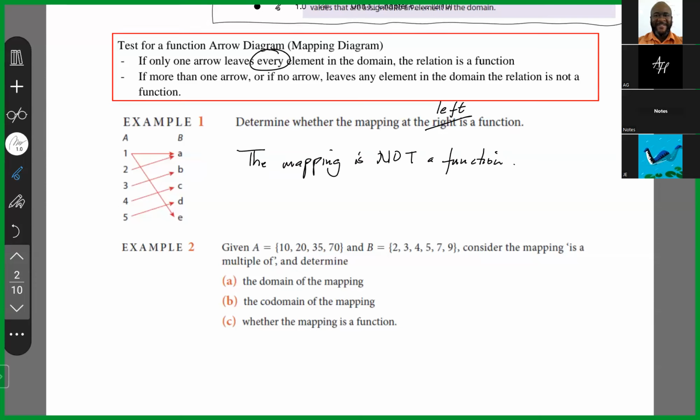Example 2 says given the set A. Let's represent this as a mapping diagram. So we have A, and the elements in A are 10, 20, 35, 70.